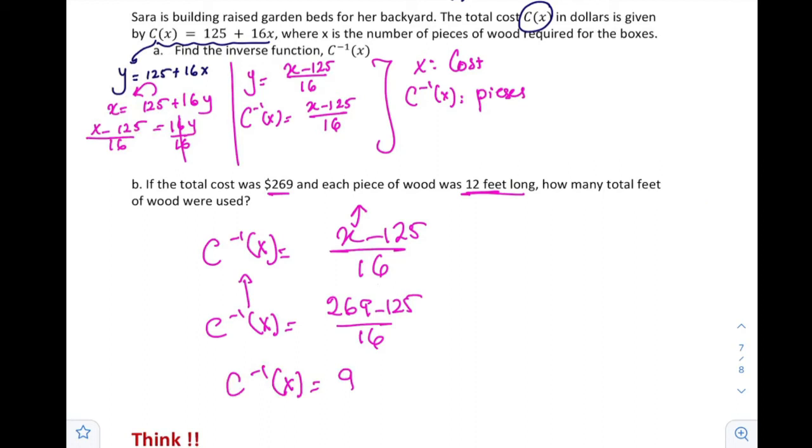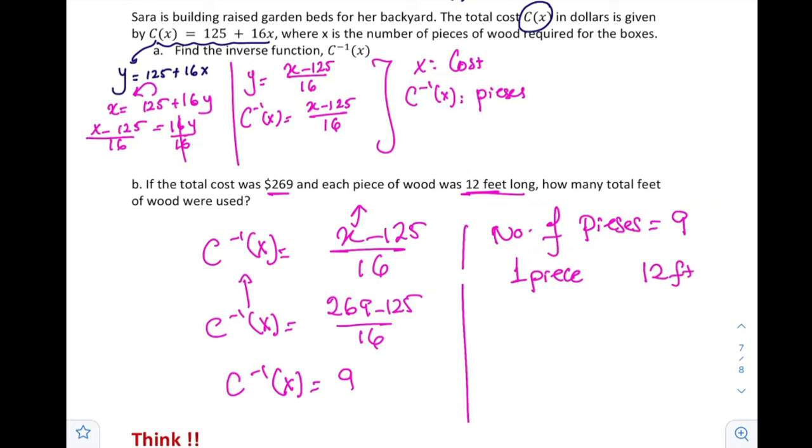Now, this is the number of pieces. So the number of pieces is 9 pieces. Now he said that each piece, one piece, is 12 feet long. I have 9 pieces.